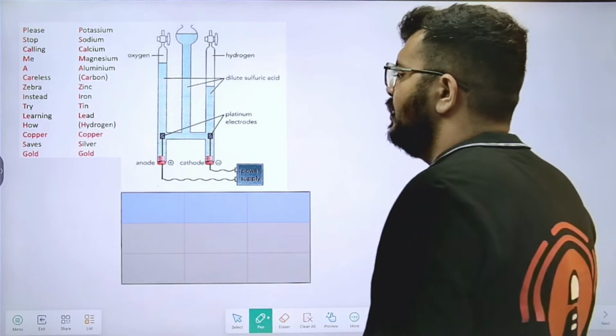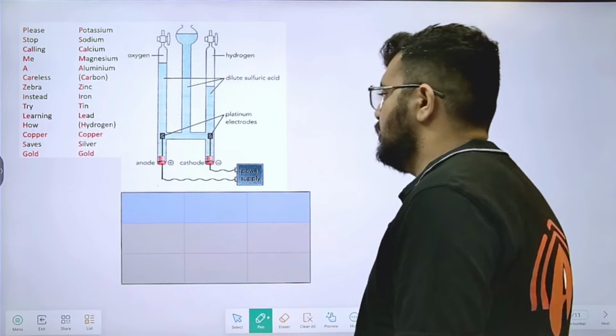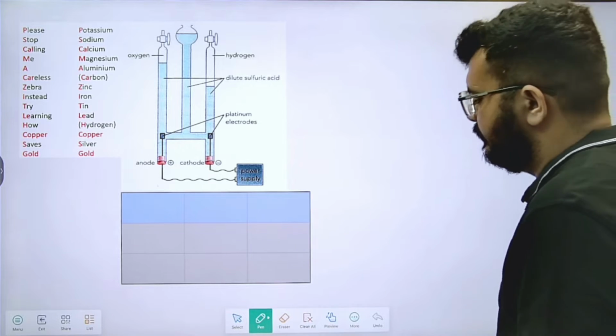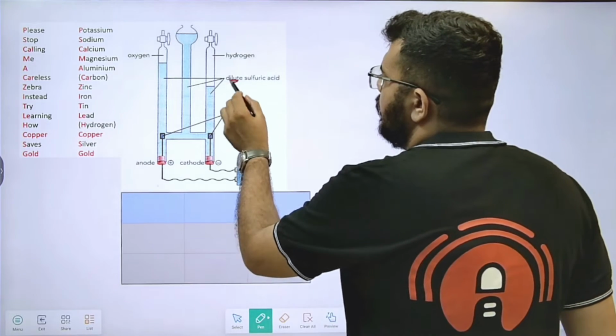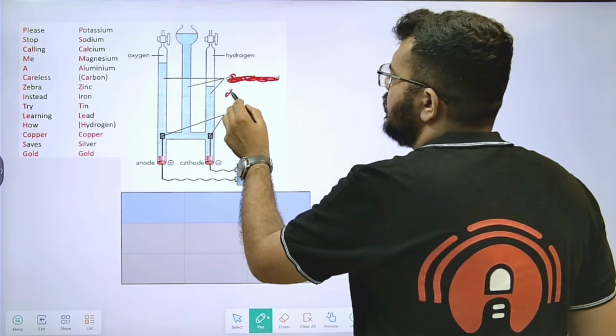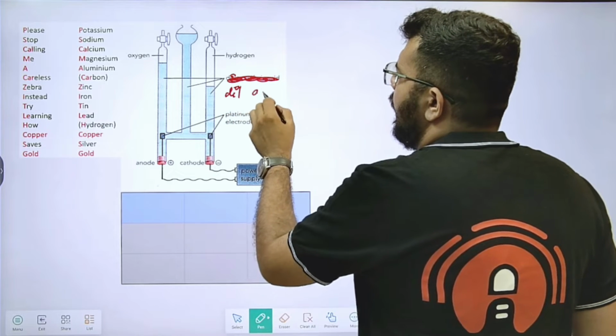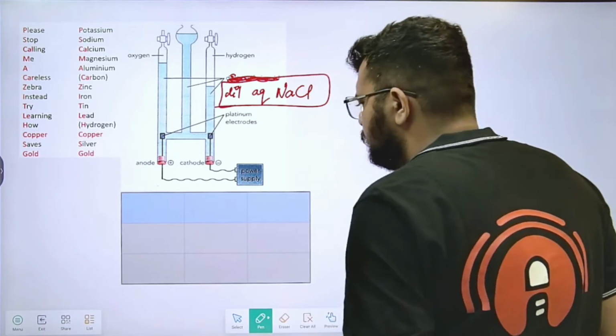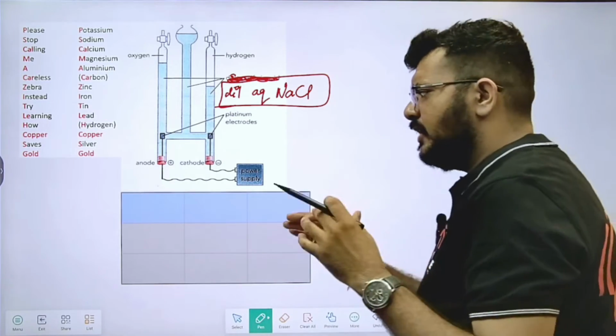Moving on to the next electrolysis example. So here we are using dilute sulfuric acid. No, let's do this. Instead of dilute sulfuric acid, let's use dilute aqueous sodium chloride. Okay, so everything remaining the same.